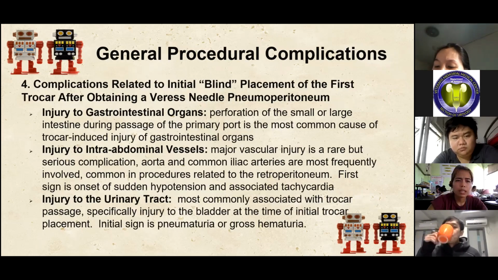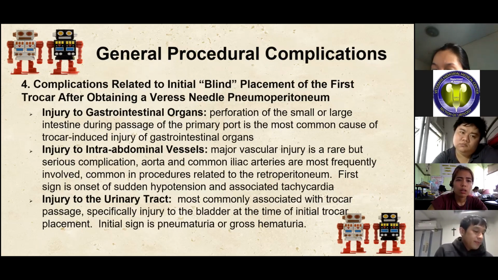Next complication, we may have, is related to initial blind placement of the first trocar after obtaining a Veress needle pneumoperitoneum. So we could have injury to gastrointestinal organs. Perforation of the small or large intestine during primary port placement is the most common cause of trocar-induced injury of gastrointestinal organs.